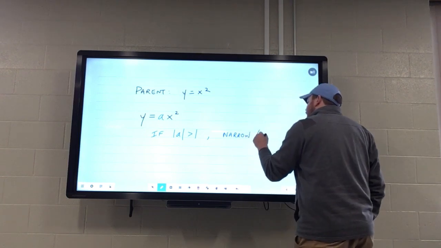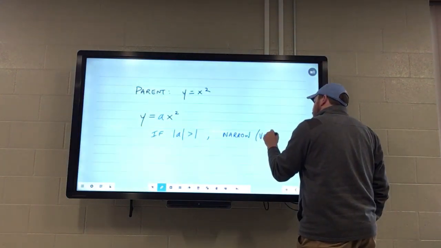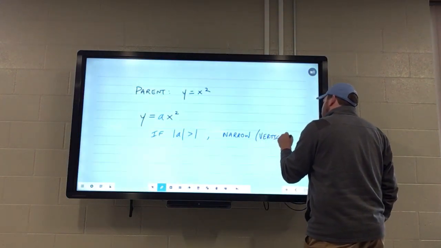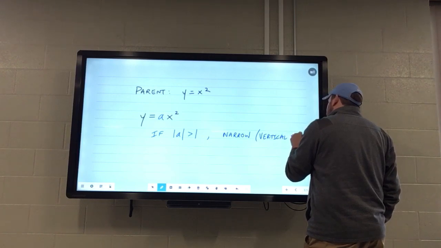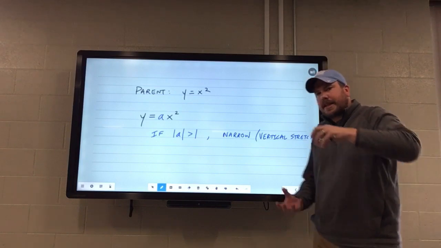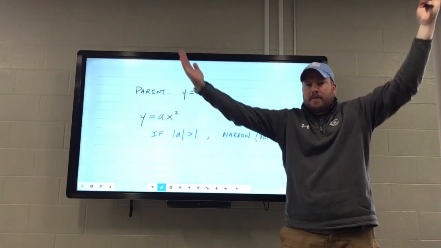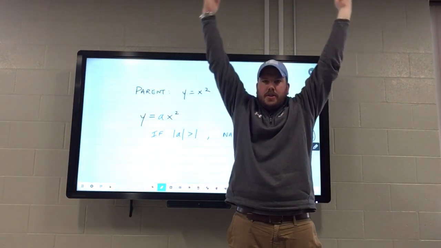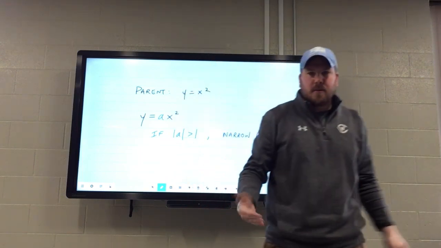We also call this a vertical stretch. Vertical stretch. It's like it takes the parabola and it's stretching it out. So instead of being this wide, it gets stretched out and becomes this wide. More narrow.